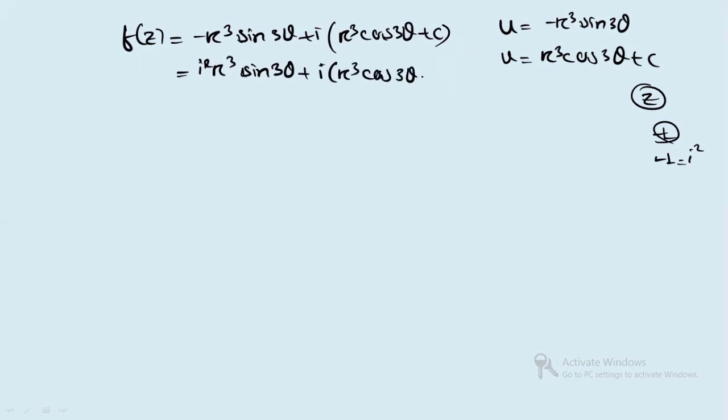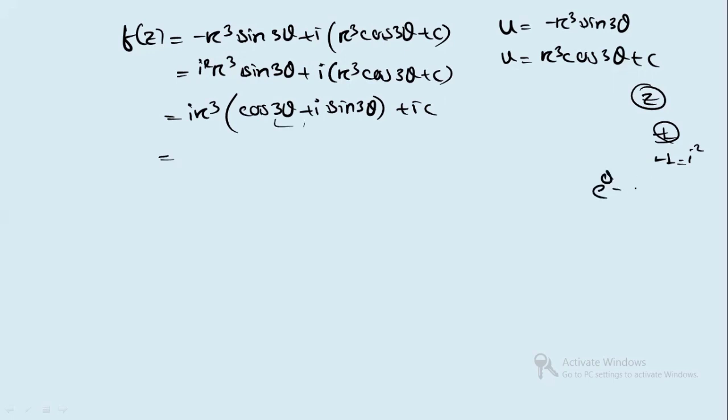Now you see if I take common i r cube, then you will have what? From the second term I am taking cos 3 theta, right, plus here you will have what? From the first term i sin 3 theta. Clear? And if you see the second term ic is as it is. So if you see here, we have already seen in the last lecture, cos 3 theta plus i sin 3 theta can be written as what?